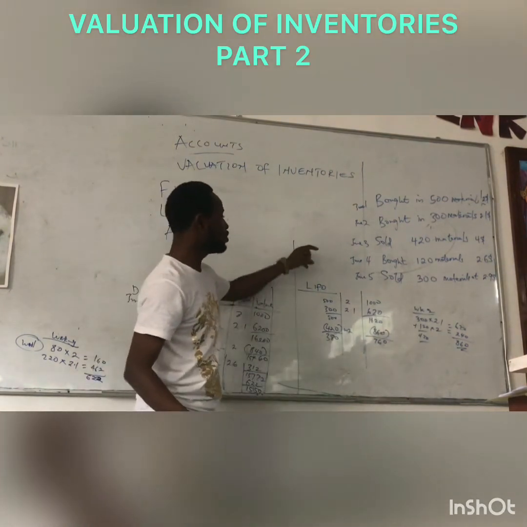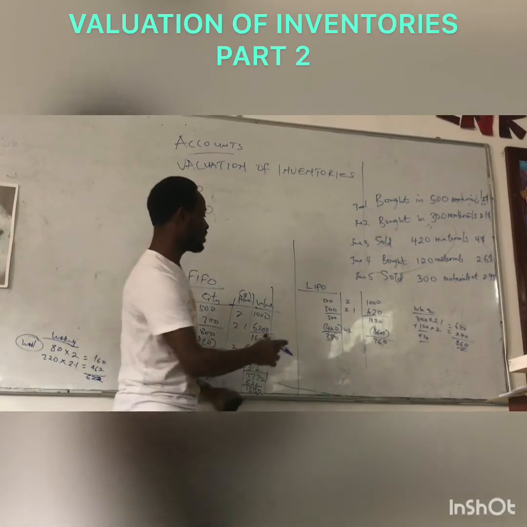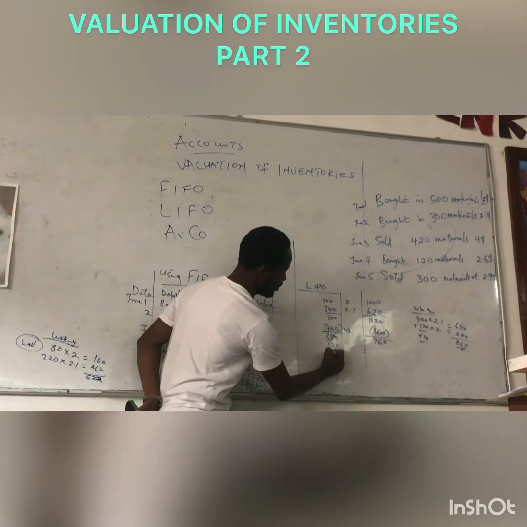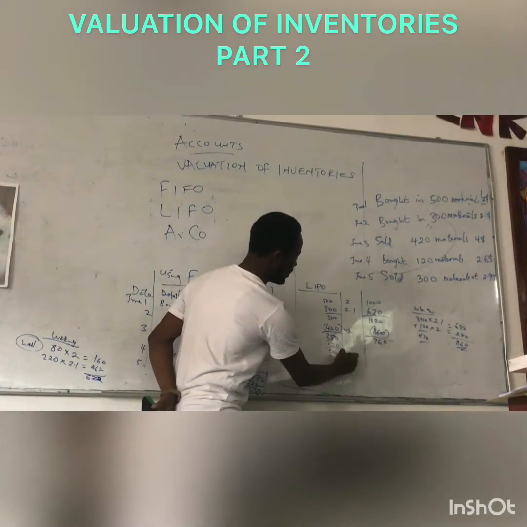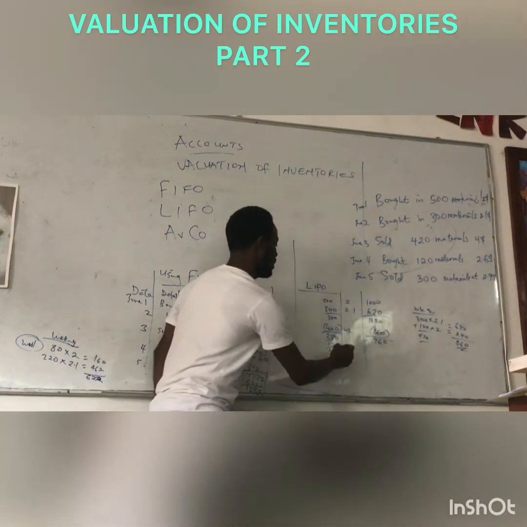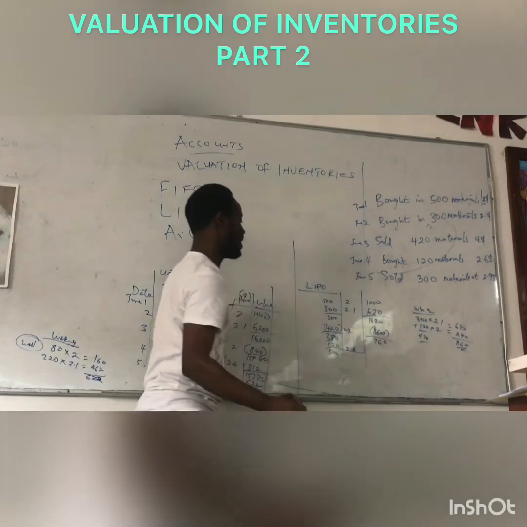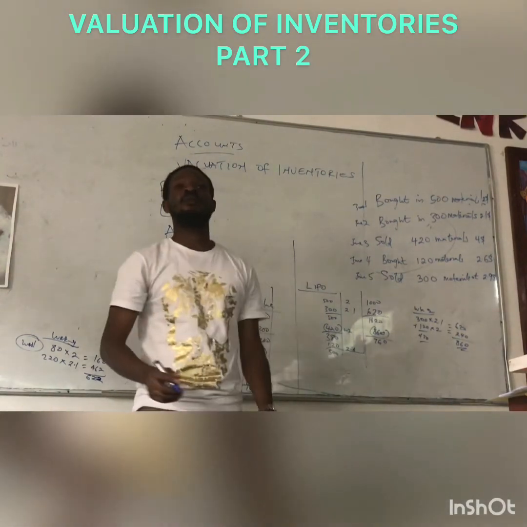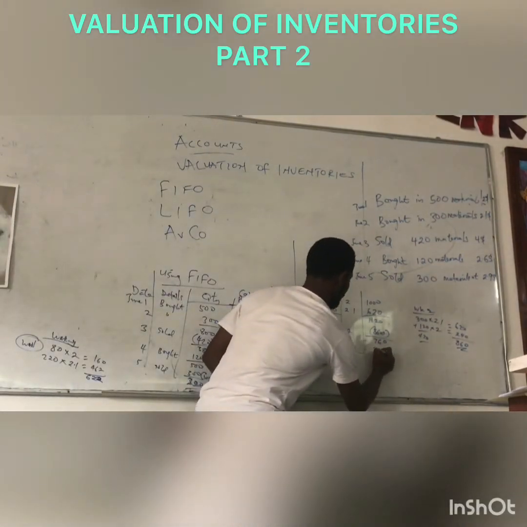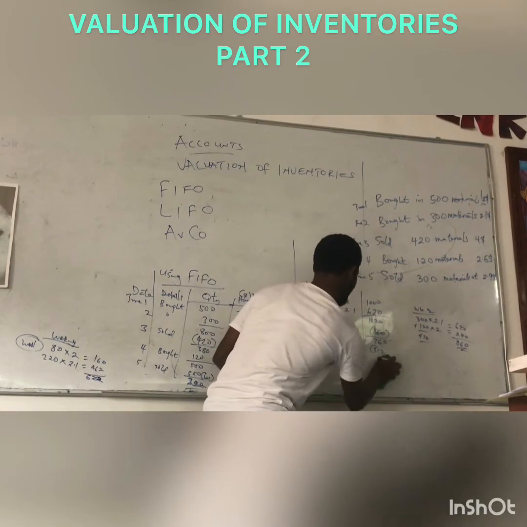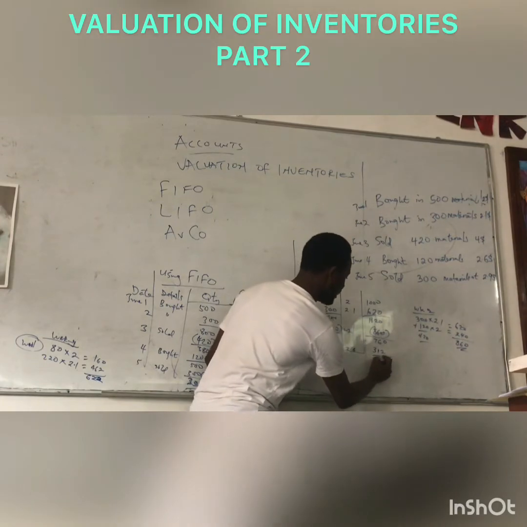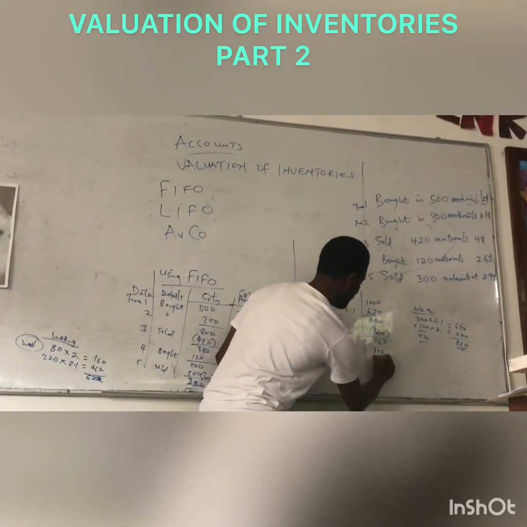So that means 760 is the value of goods left, and in quantity 380 is the quantity of goods left. And on June 4, 120 materials were brought in again. So this will become 500 units, and 120 times 2.6 is 312. We brought it in, so we have to add it. 312 plus 760 gives us 1072.